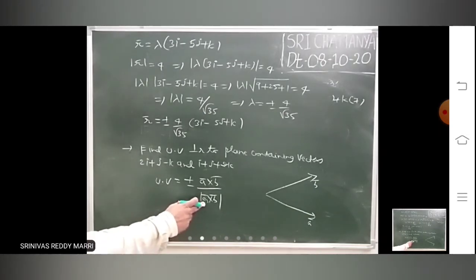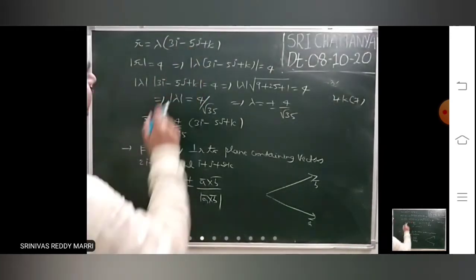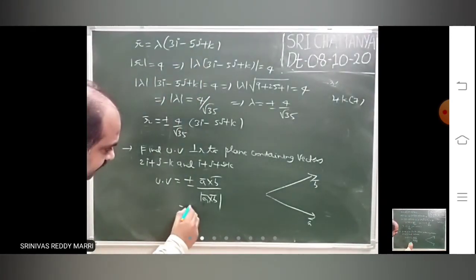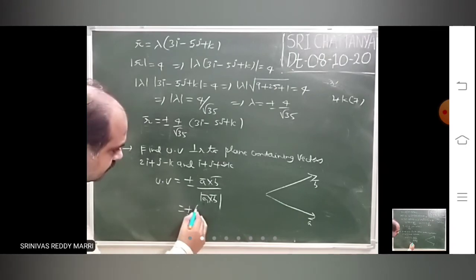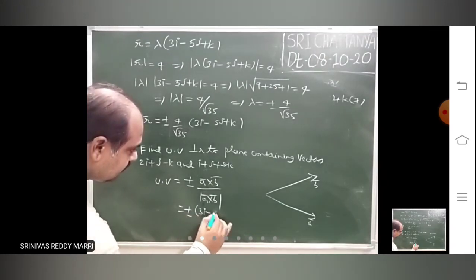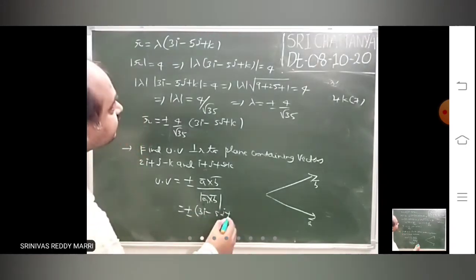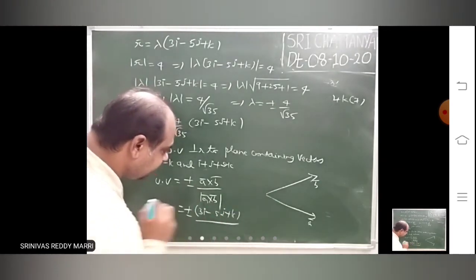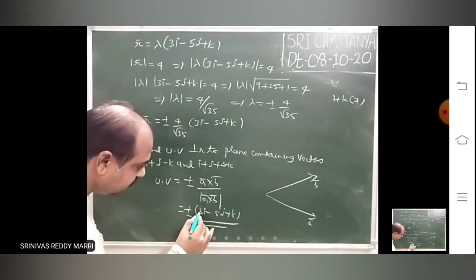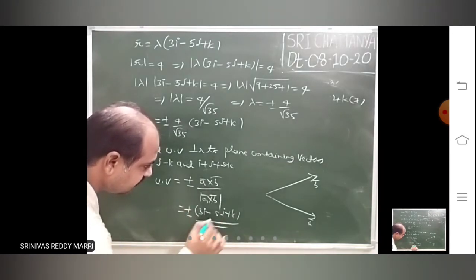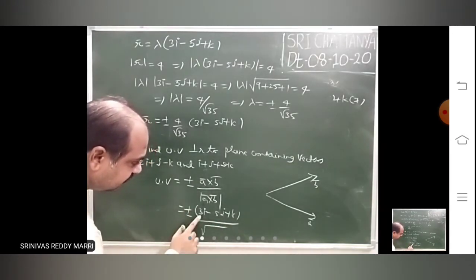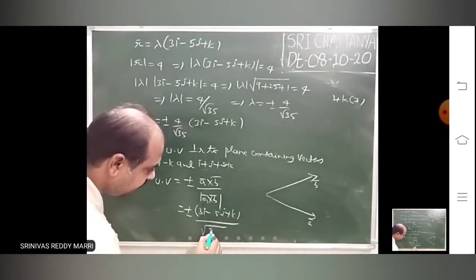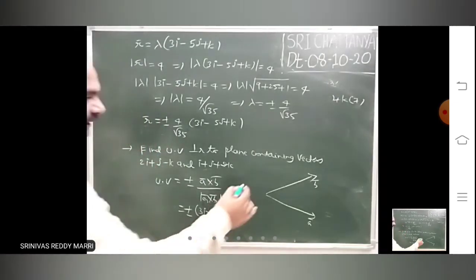A bar cross B bar, in the previous problem we have already calculated for this only: 3i minus 5j plus k, just divided by its magnitude, modulus of A cross B, root of 9 plus 25 plus 1, which is root 35. This is the unit vector.